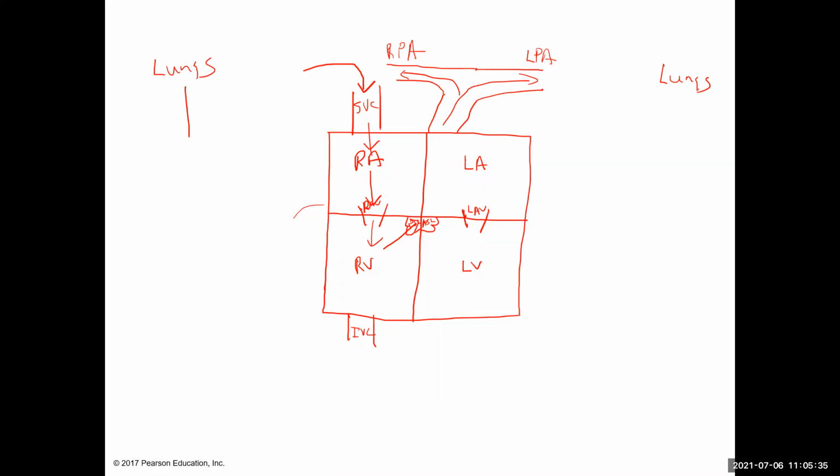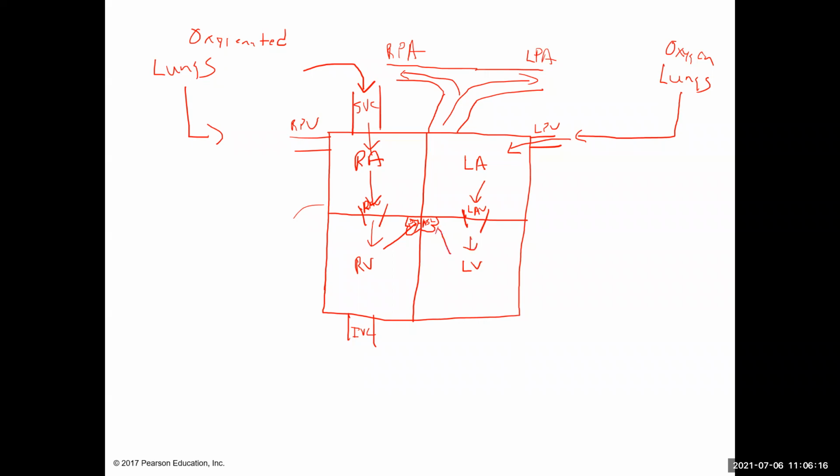So now you have oxygen in the blood. And so they come back through the pulmonary vein. So you have your right pulmonary vein, your left pulmonary vein, into the left atrium, through the left atrioventricular valve, into the left ventricle.